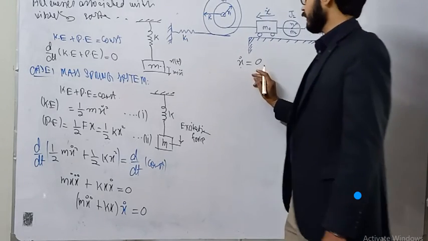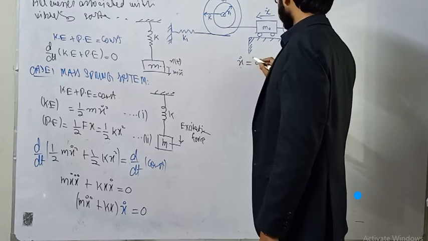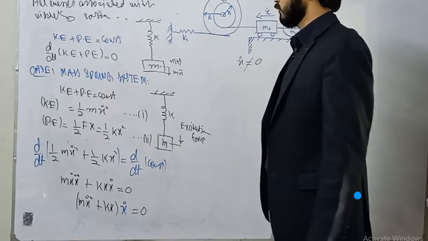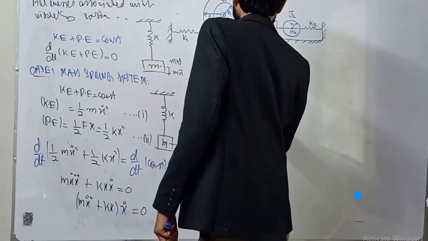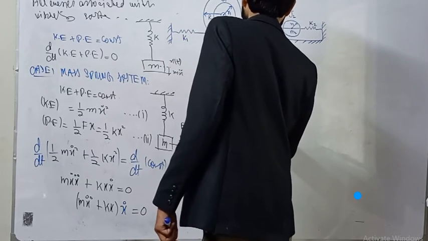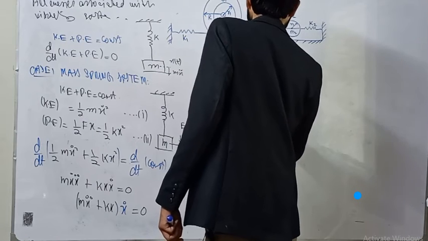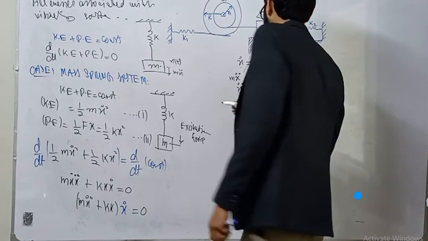Because we are applying an excitation force, the associated velocity of the body cannot be 0, it can never be 0. So the term that can be 0 is m x double dot plus k x is equal to 0, or we can write it as x double dot plus k over m into x is equal to 0.